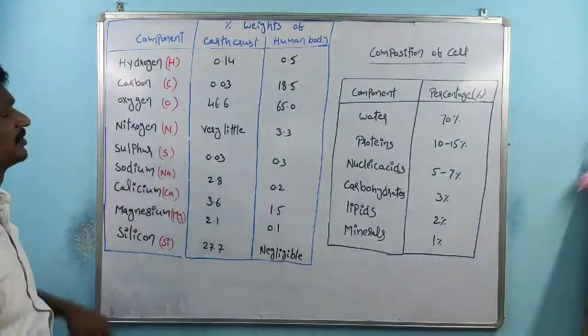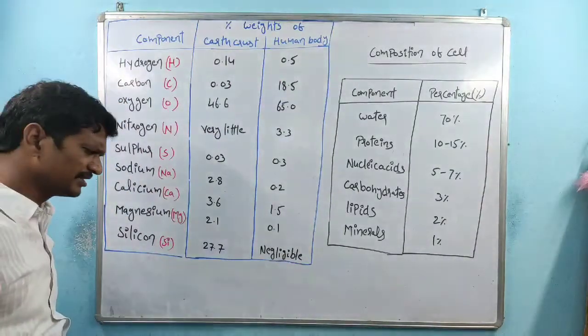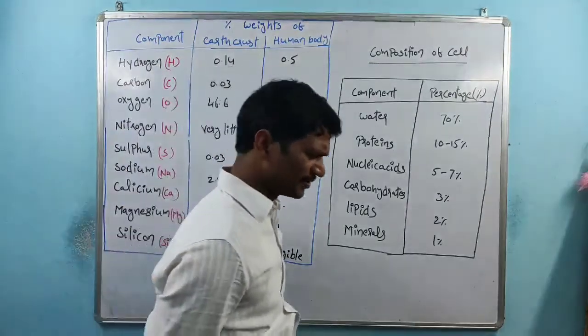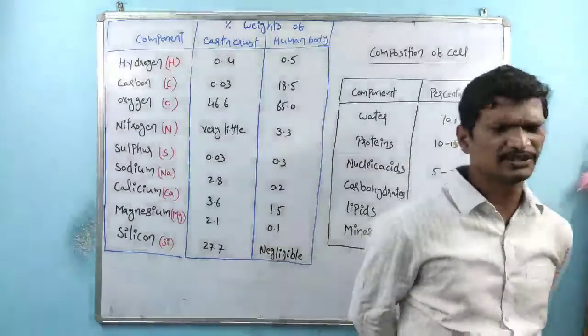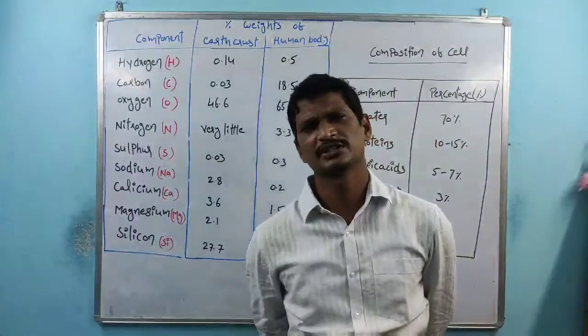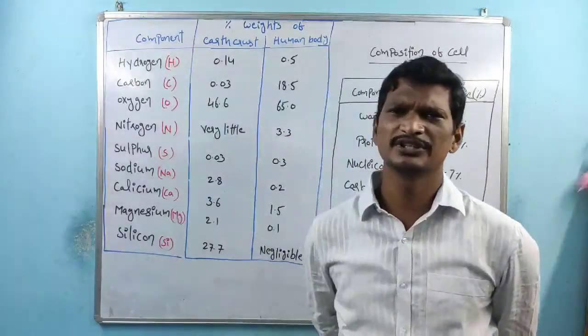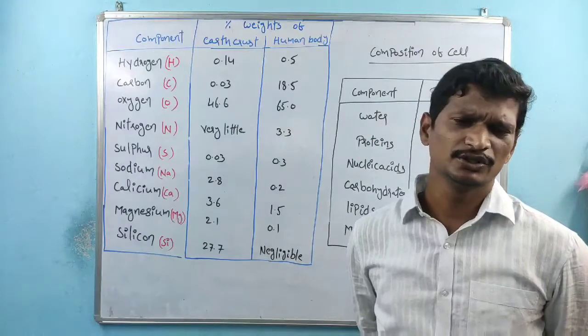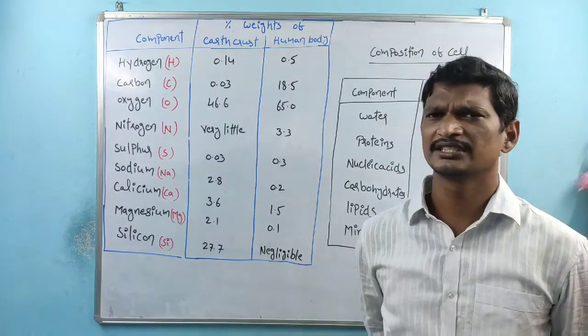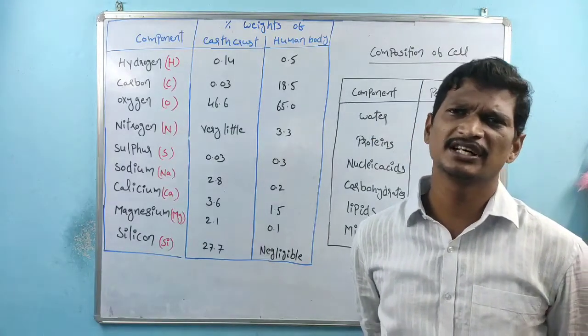Coming to the next one, carbon. This is the basic element to form the majority of molecules. If we discuss proteins, carbohydrates, lipids, or nucleic acids, the main element is carbon.